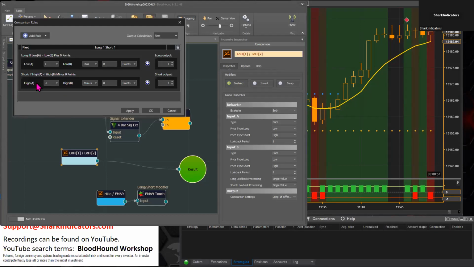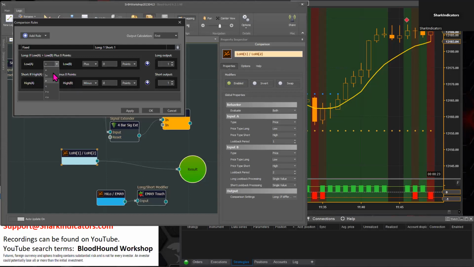So if the current bar high is greater than the previous bar's high, and remember, with a look back period of 2, that's one bar back, then we want to generate a short output.